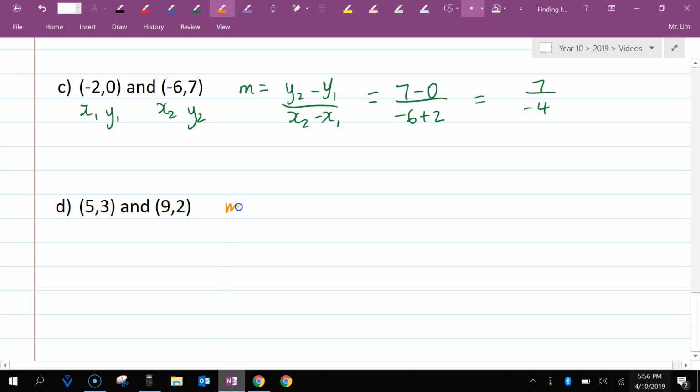Question D. y2 minus y1 over x2 minus x1. Label. y2 minus y1 over x2 minus x1. Minus 1 over 4, also sloping down.